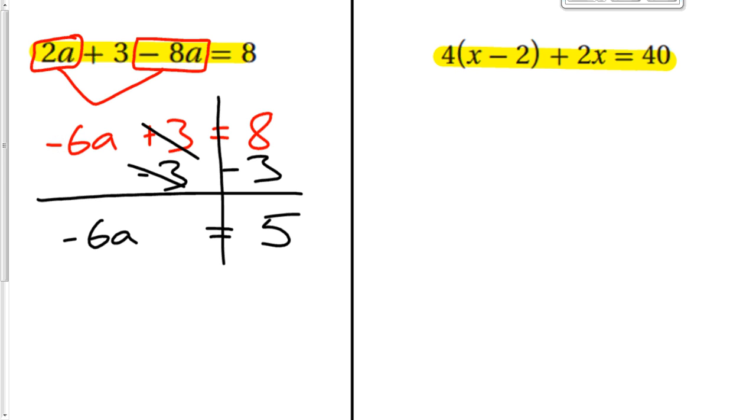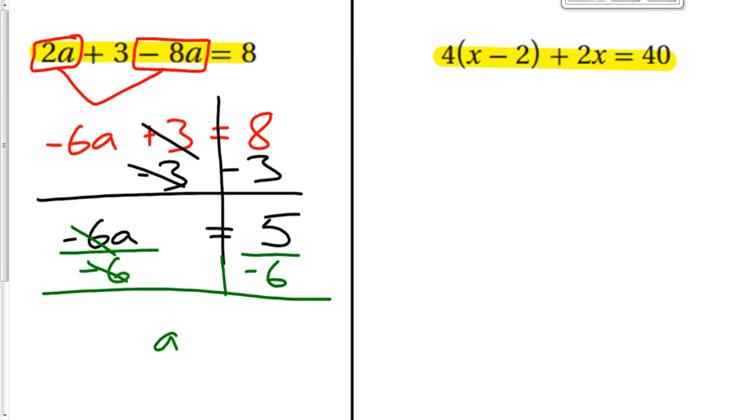The last step will be we're multiplying a by negative 6, so we'll do the opposite of that, which is divide, and a equals negative 5/6. It does not matter where that negative goes. You could put negative 5 over 6, or 5 over negative 6, or you can just put the negative out front like I did.